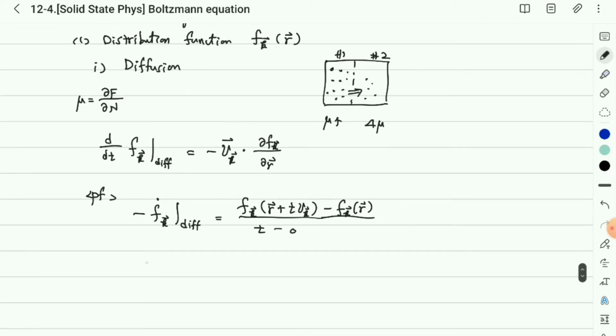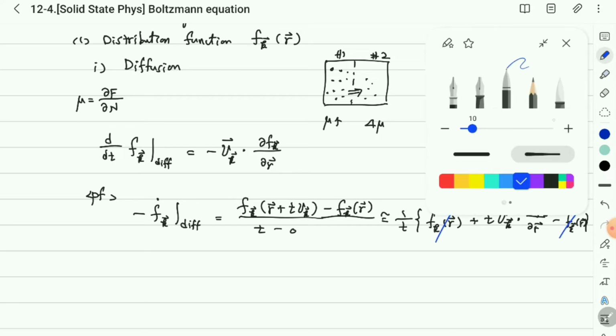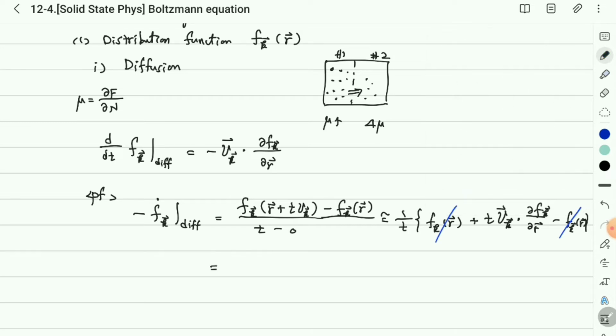Then it can be written as 1 over t, and for the first term let's consider the Taylor series: f_k(r) plus t v_k dot partial f over partial r. The second term is minus f_k(r). Therefore these two terms cancel with each other, and the resulting function is v_k dot partial f_k over partial r.